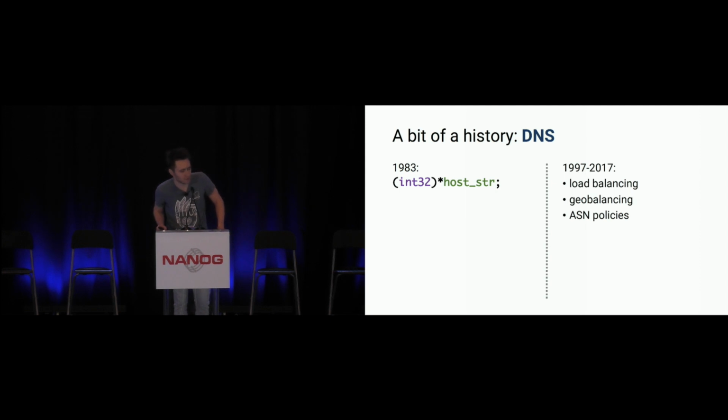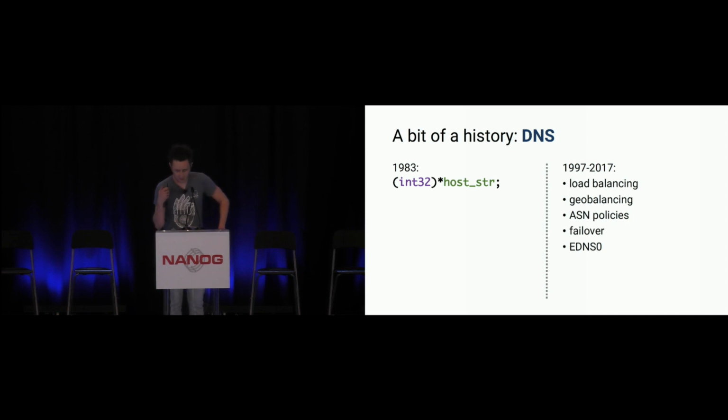Then, a bit less than 10 years ago, the World Wide Web appeared, and enterprises started to conquer it. The World Wide Web imposed new requirements for the DNS protocol and kept doing that. New applications like load balancing and geo-balancing appeared and were then refined with more thorough approaches like policy-based and ASN-based balancing. We'll discuss it a little bit later.